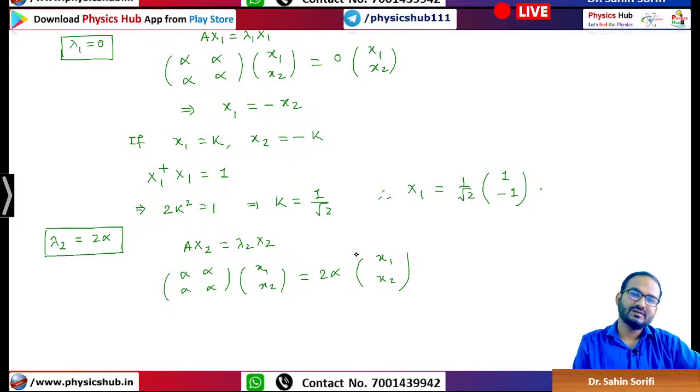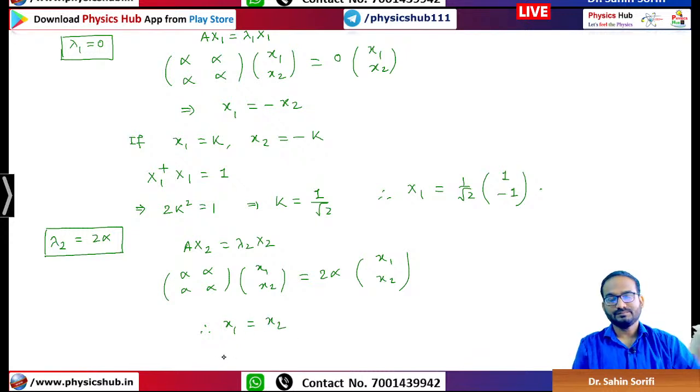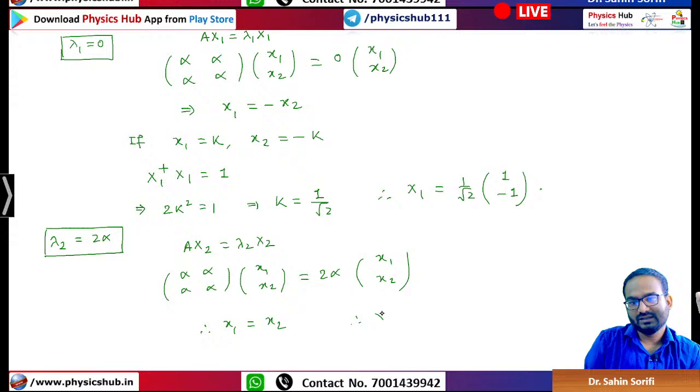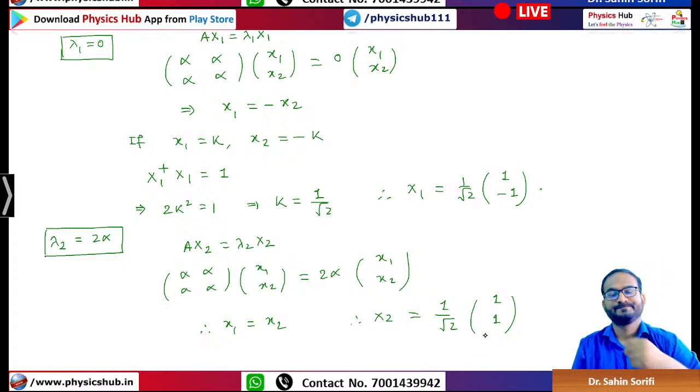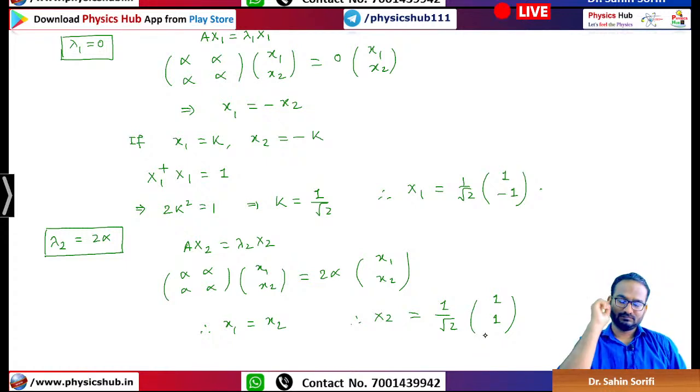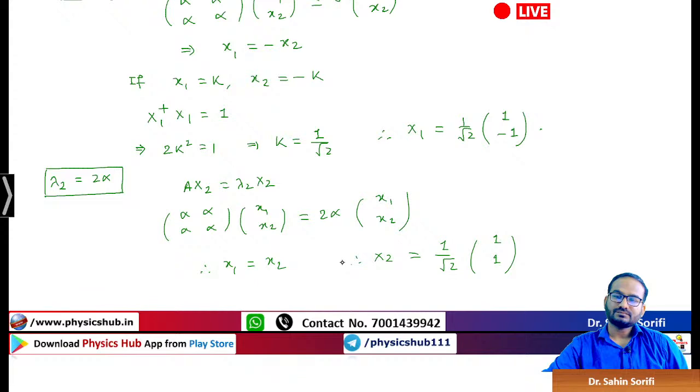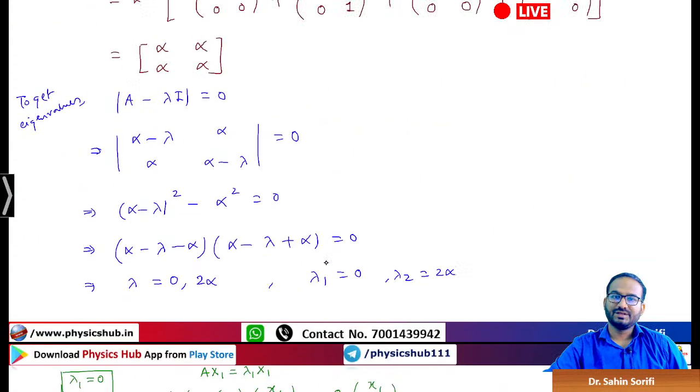If you do it in a similar way, you will end up getting that x1 is equal to x2. As a result, x2 will come out to be 1 upon root 2 times (1, 1). And this is matching with option D.